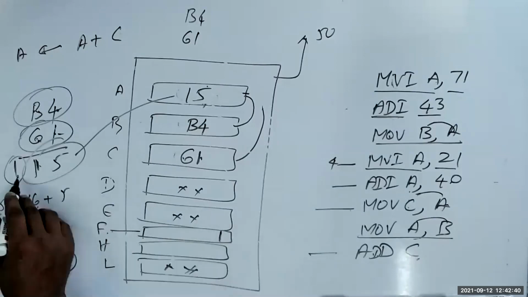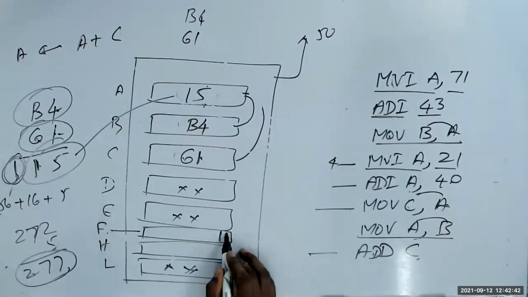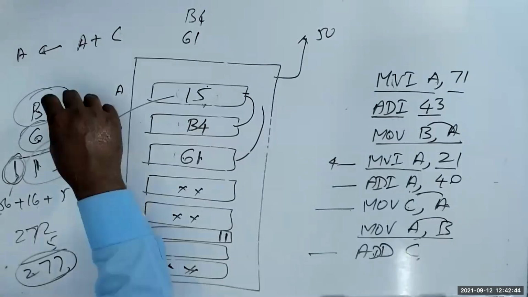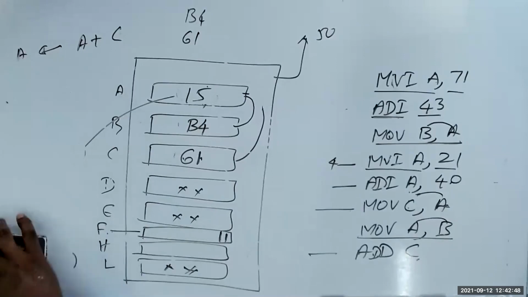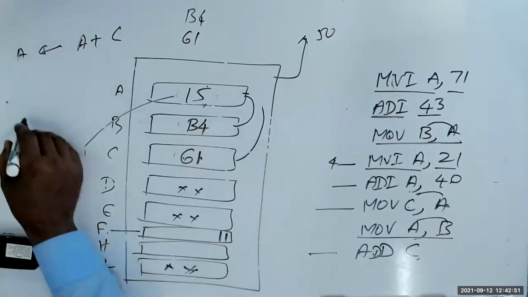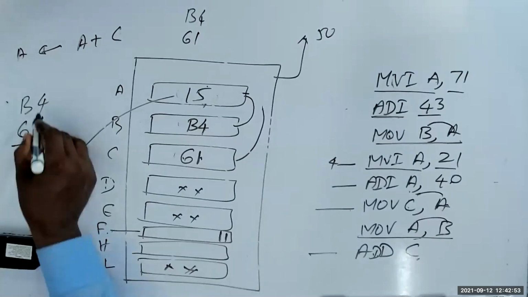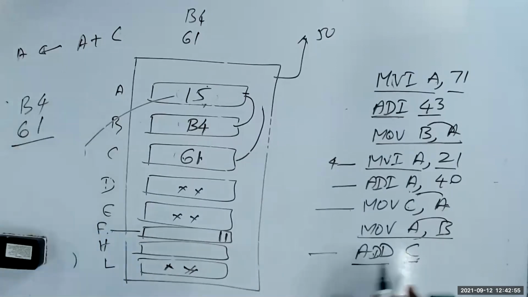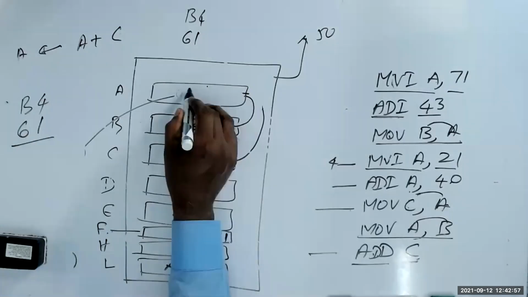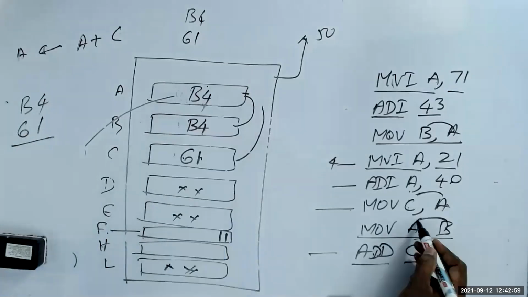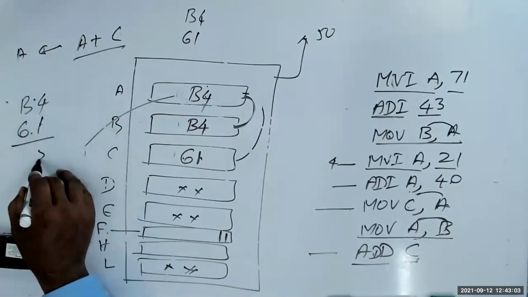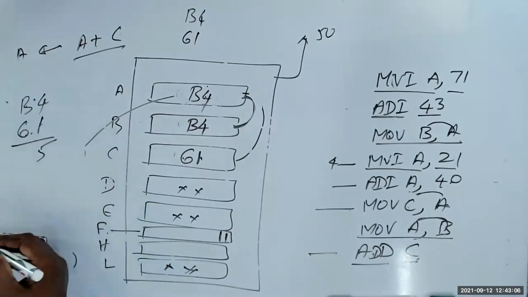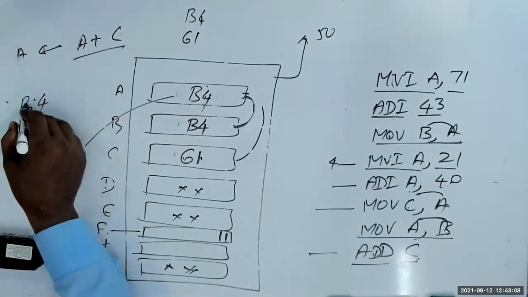That means if you add the two numbers, B4 and 61, when you add that, because of add C, A was having B4, because I put B to A, B4 and 61. A plus C, 4 plus 1, 5, B plus 6 is 11 plus 6, 17.